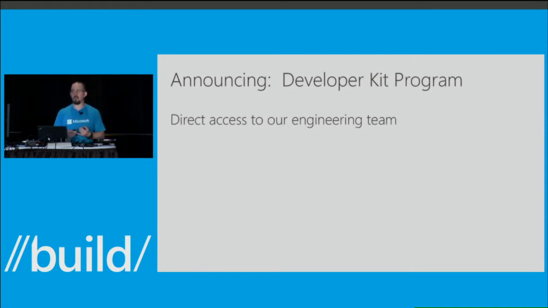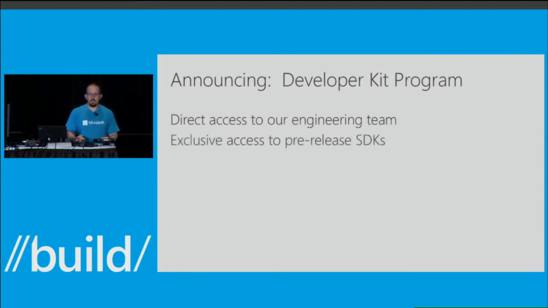This will be for troubleshooting, bugs, that kind of thing, and feedback with the engineering team. The program also is going to have exclusive access to pre-release SDKs. So with the new sensor, we're going to build and ship a new SDK, and you'll get access to the alpha SDK, and then any updates that we do as we march to RTM next year.